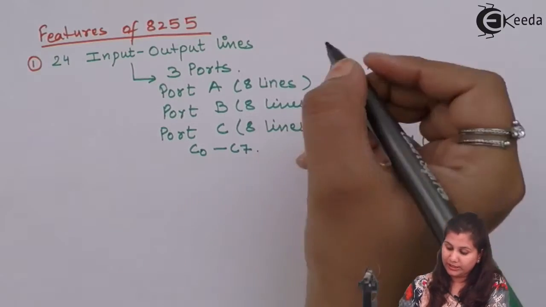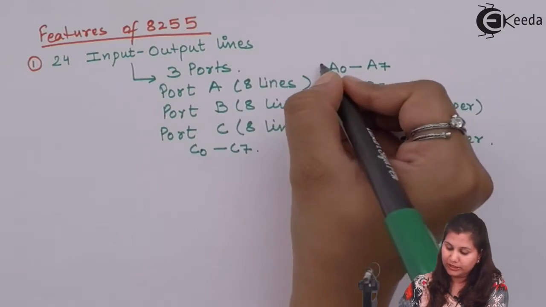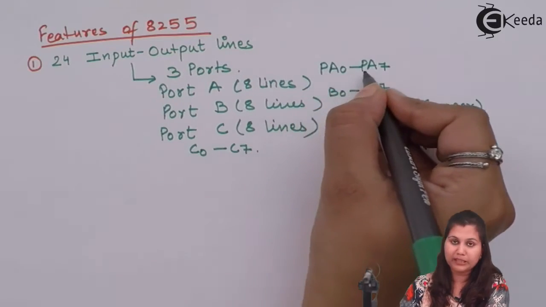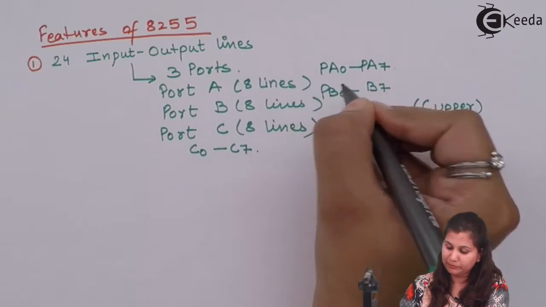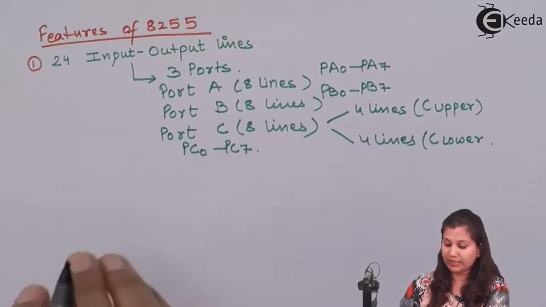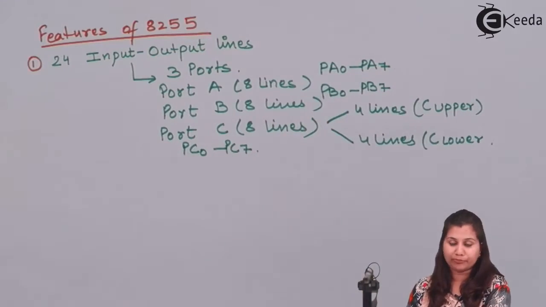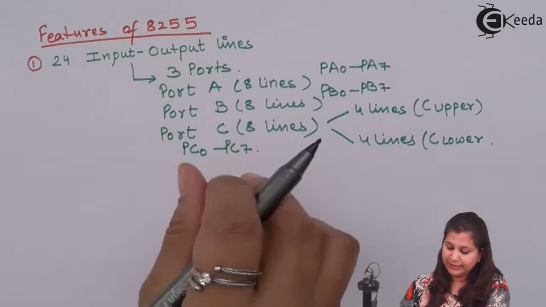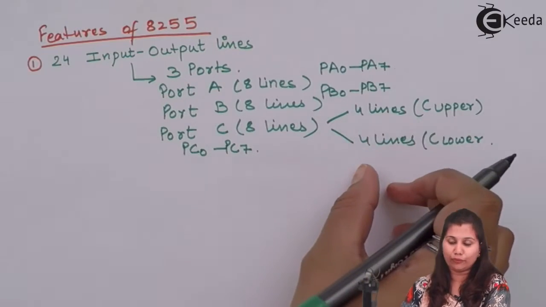Okay. Now these are the ports, so its suffix we are writing here as PA0, PA7, then PB0, PB7, and PC0 and PC7 to denote that these are the ports. Okay. Now PC0 to PC7, these 8 lines, are further divided into 4 lines.